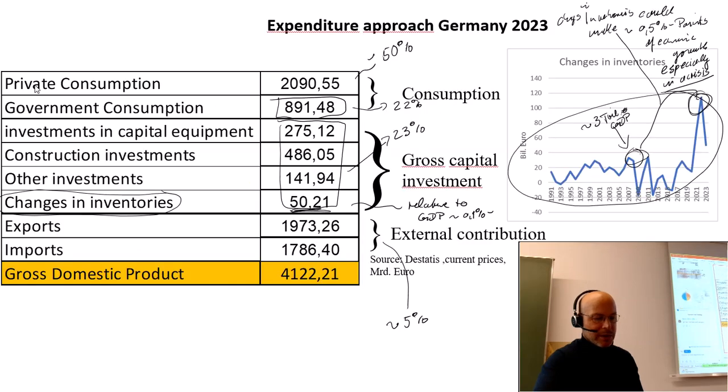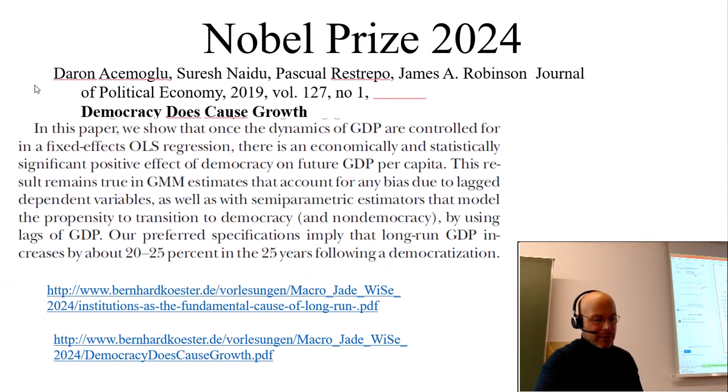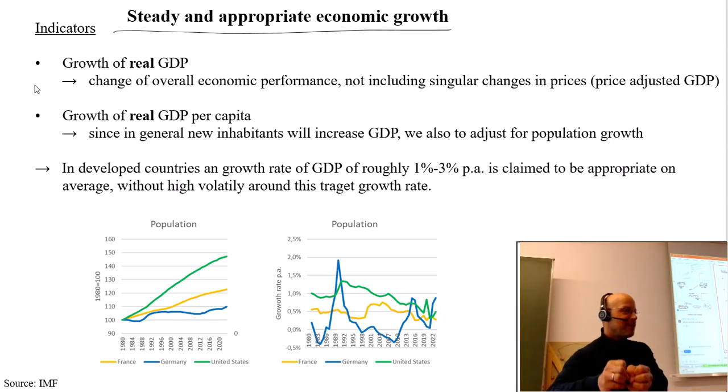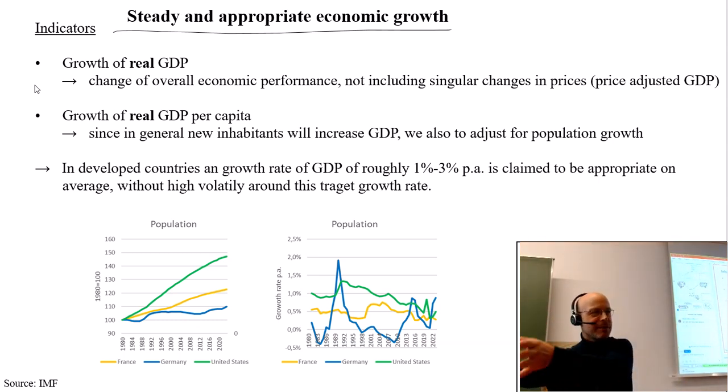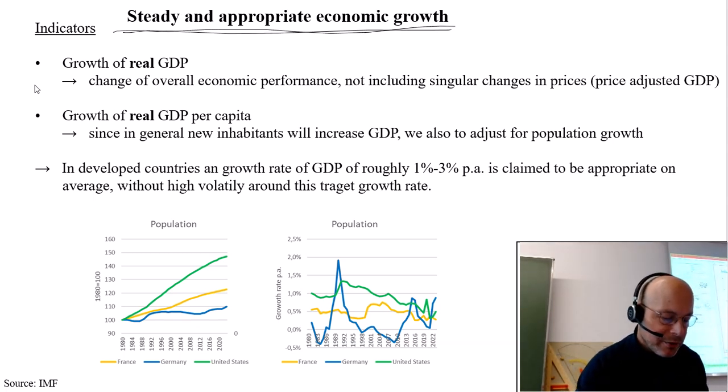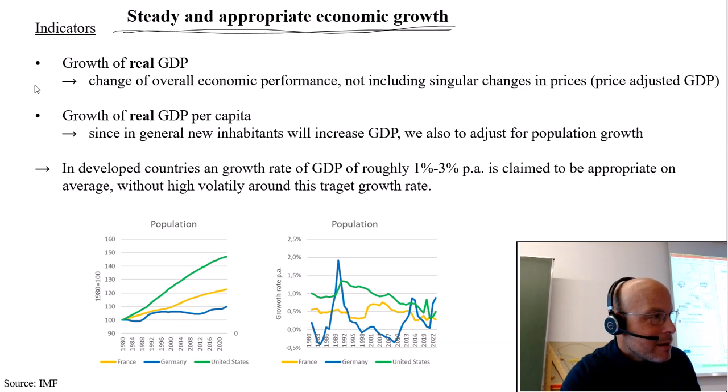But if we want to interpret GDP as something like the living standard, then not the number 4 billion is what we care about, but how much goods and services can we buy with our income.